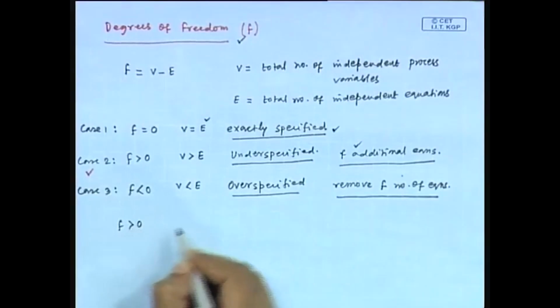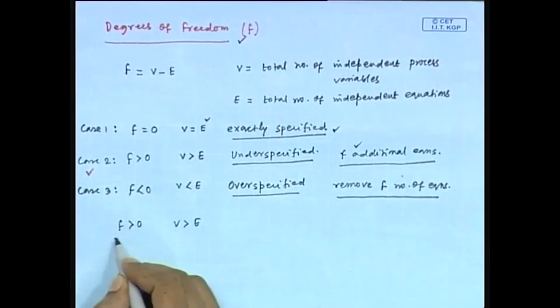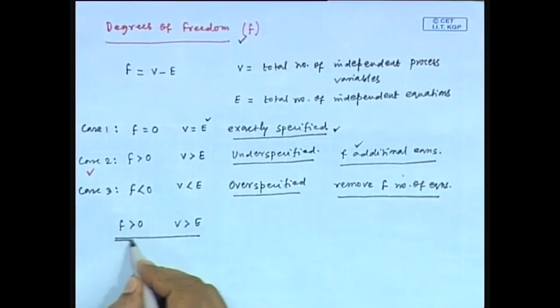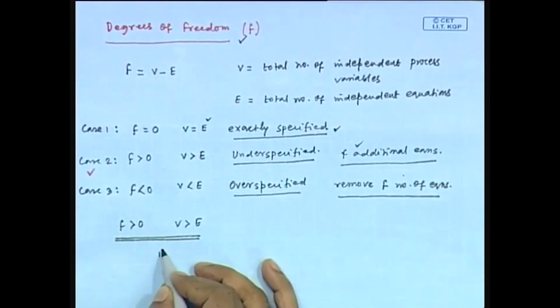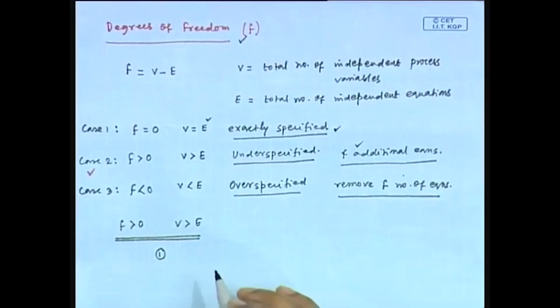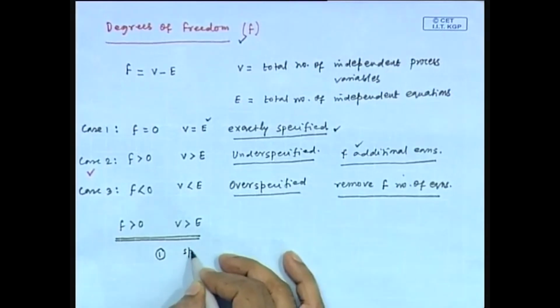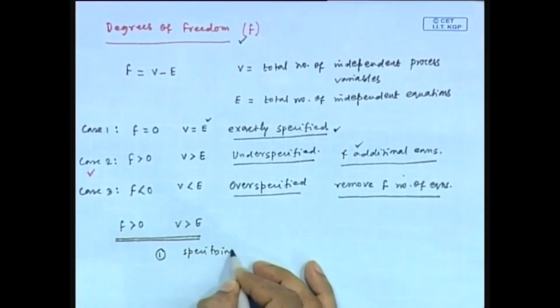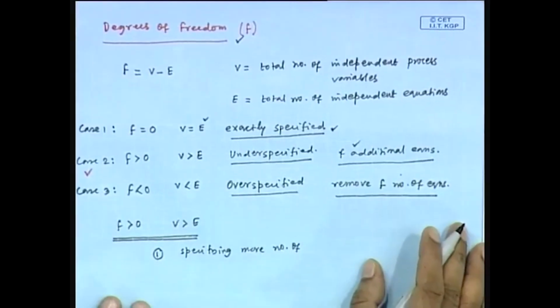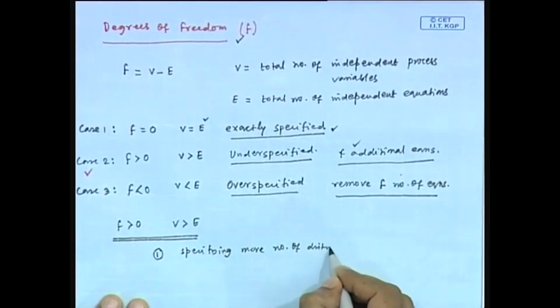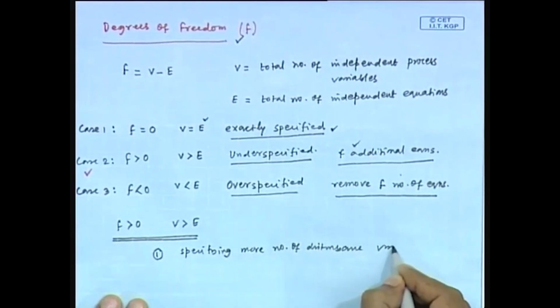F greater than 0, that means V is greater than E. Now, if this is the situation, F greater than 0, how can we make it exactly specified? Basically, there are two options. The first option is that we can specify more disturbance variables.